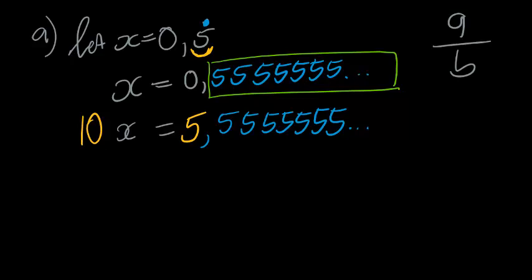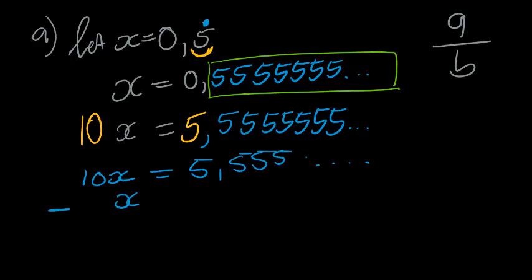So now that I have this, I am able to create a sum, right? I am going to say the larger number, basically 10x, which is equal to 5,555 repeating to infinity, minus 1x, which is equal to 0,555 repeating to infinity.